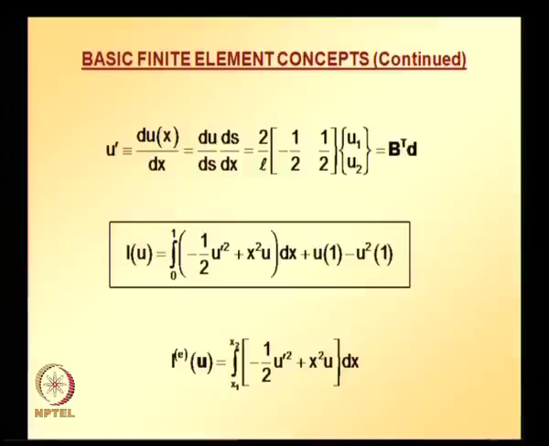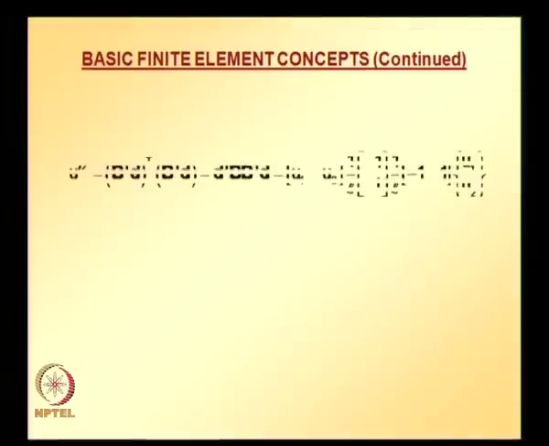U prime square, I will write it as u prime transpose u prime, where u prime transpose is B transpose D. So, that is what is written here.